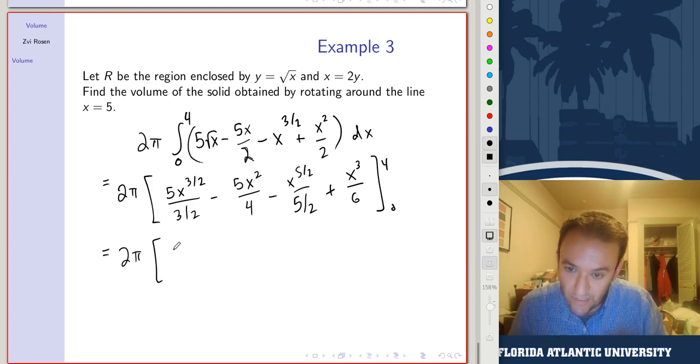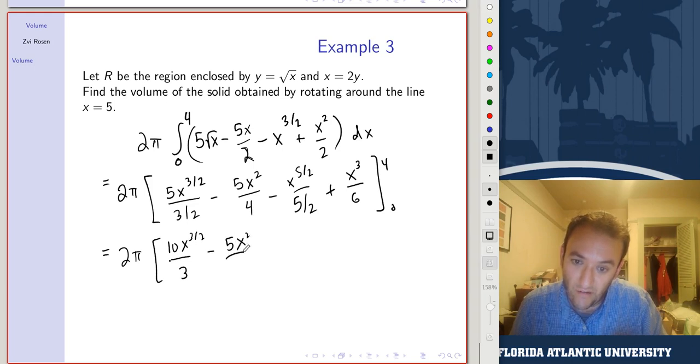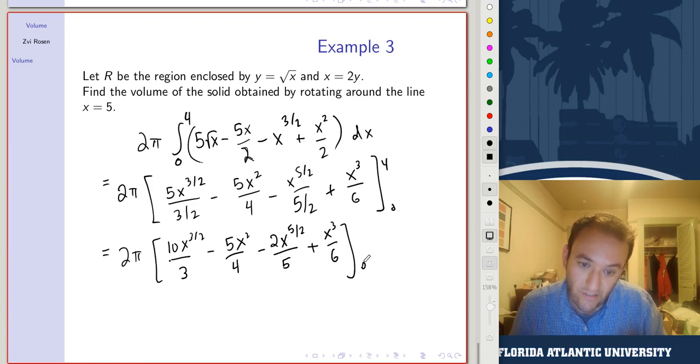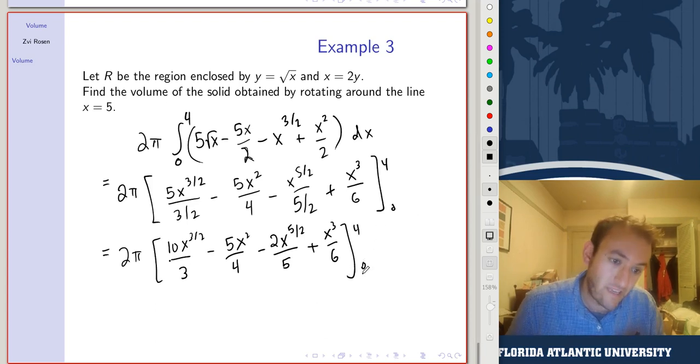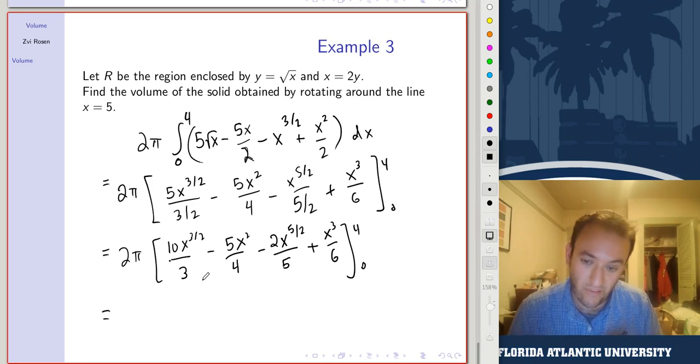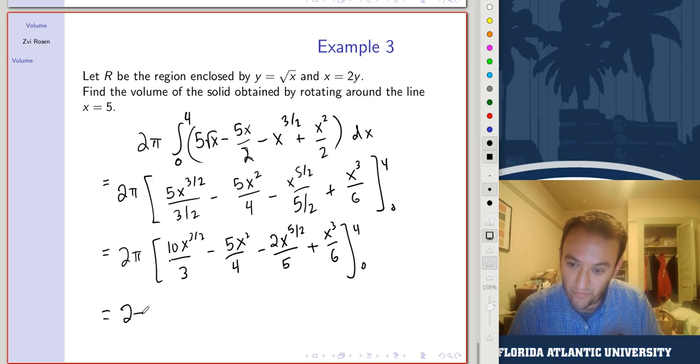Now we're just continuing to simplify. We have 10 x to the 3 halves over 3 minus 5x squared over 4 minus 2x to the 5 halves over 5 plus x cubed over 6. Now we can actually start evaluating. So a nice thing is that when the lower bound is 0, everything is going to evaluate to 0, so we just have to worry about 4.